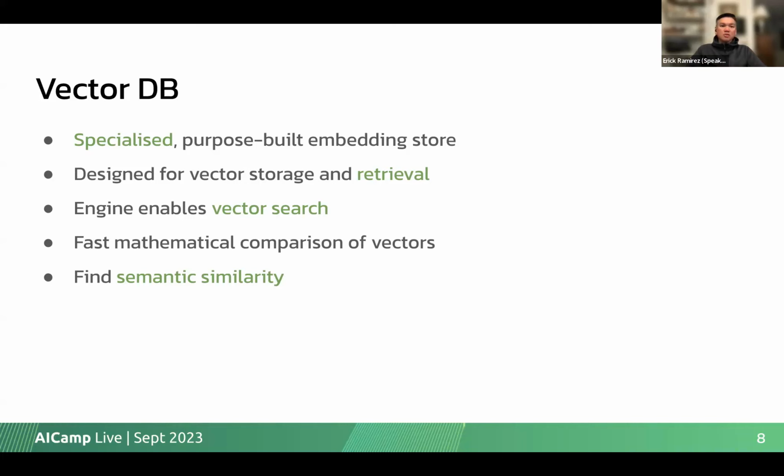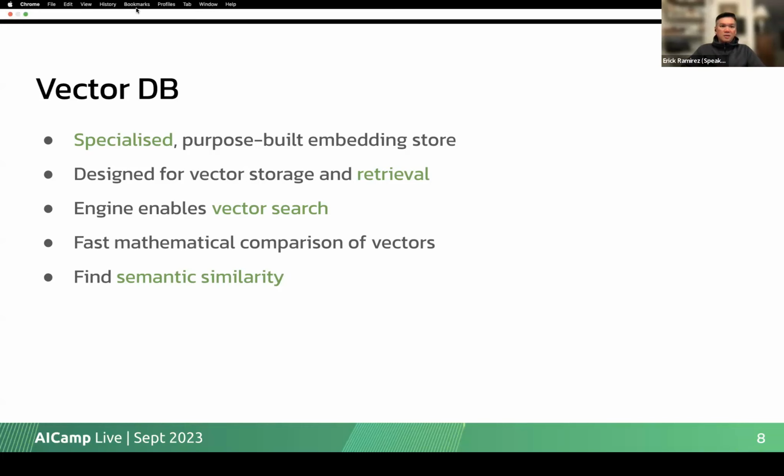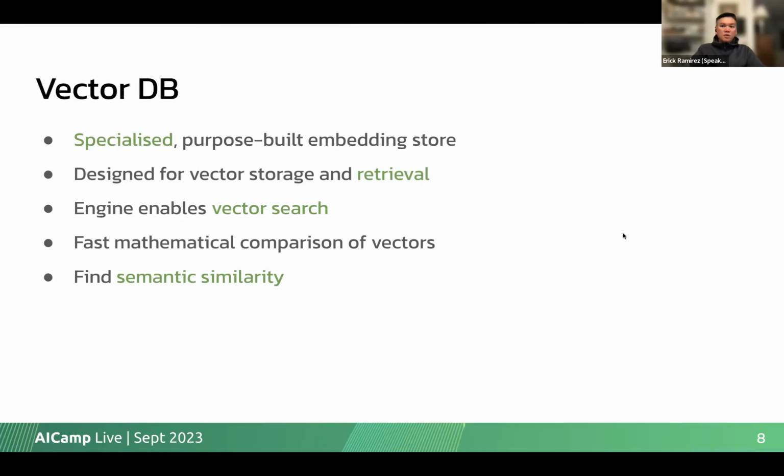But when you're trying to do a similarity search, for example, it's pretty difficult to do it just in a plain text file. So it's not quite the same. Whereas if you were to do it in a vector database, it's got an engine that enables you to do vector searches. So that's the crucial thing about vector DBs.